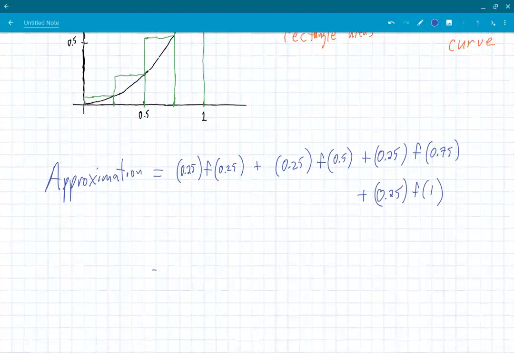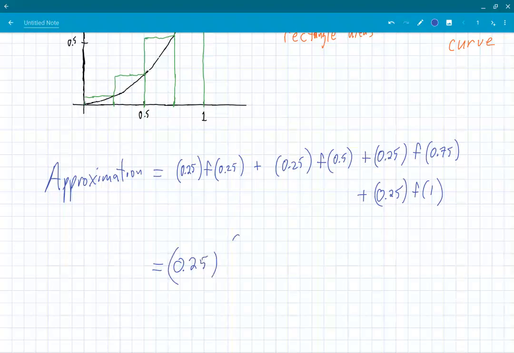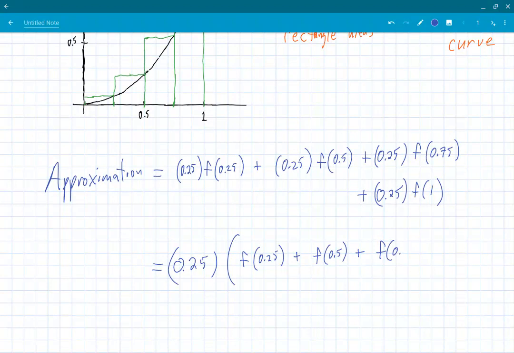So what can we do here? Well, we can clean this up by factoring out 0.25. And we get f of 0.25 plus f of 0.5 plus f of 0.75 plus f of 1.